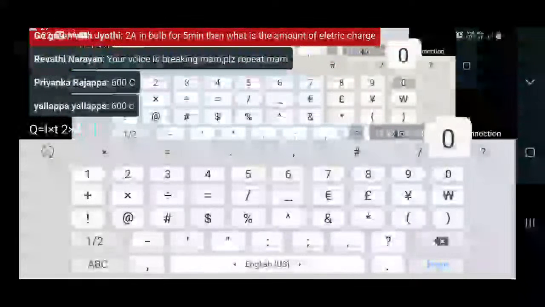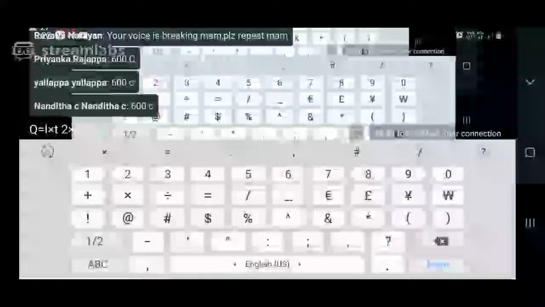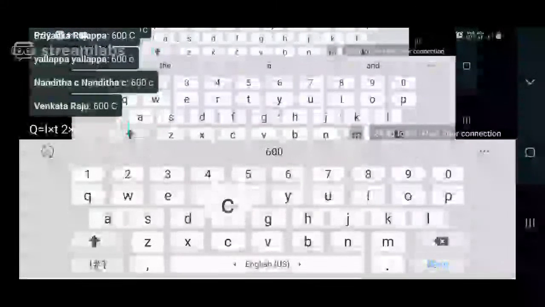That is 600 coulomb. Sneha, Bhargavi, Monisha, Varsha. Yes, all of you answered. Okay. Now, we'll move on to next one.